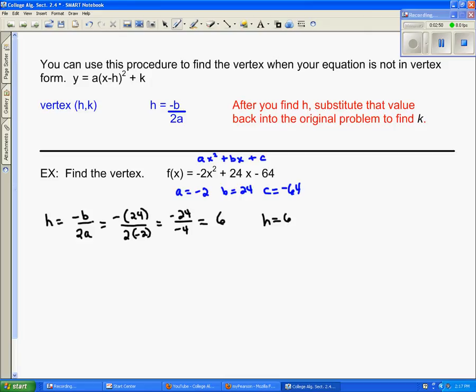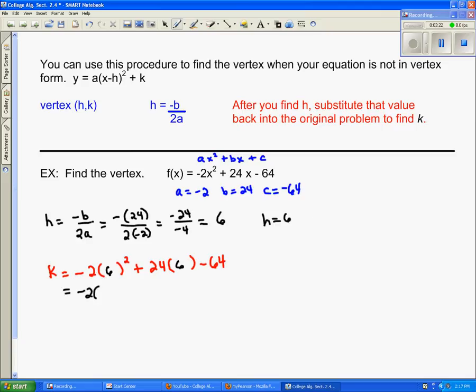Okay, now we go back into our original f of x, this equation right here, and we're going to plug 6 in everywhere x is at. So for my k, I have negative 2. I'm just going to put parentheses as I go across, everywhere x is at in this equation. Now I'm going to substitute 6 in all those positions. So I have 6 and a 6. And then we're just going to simplify.